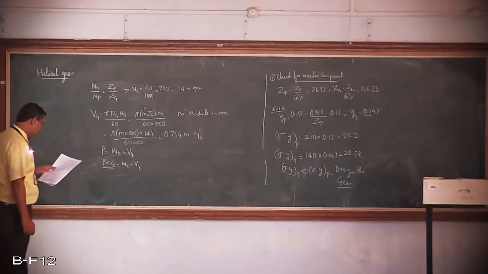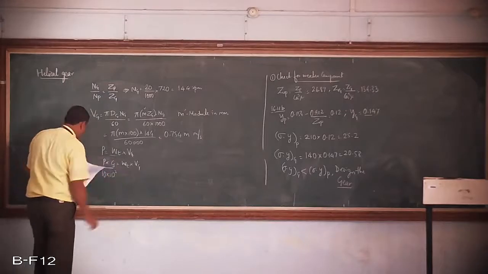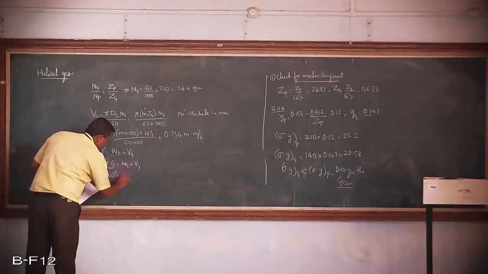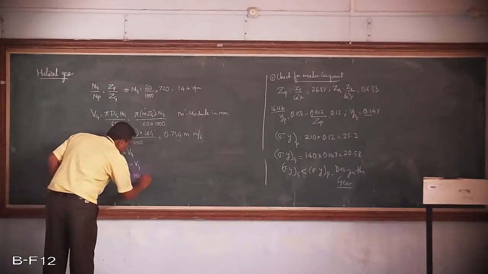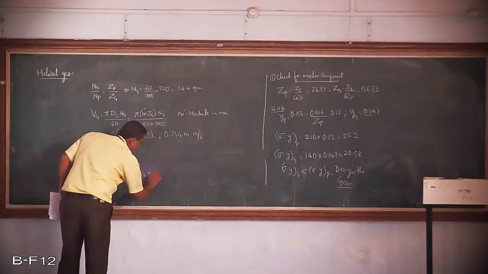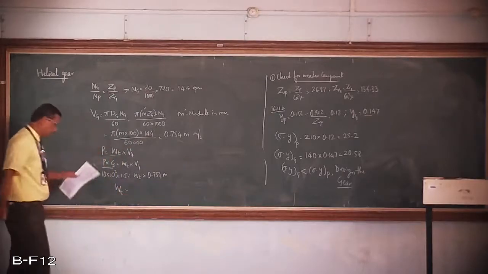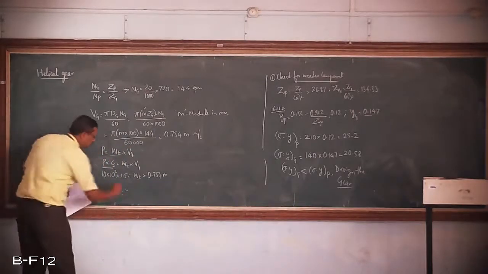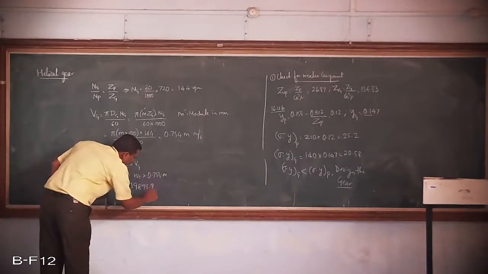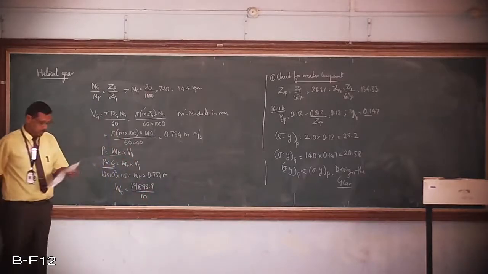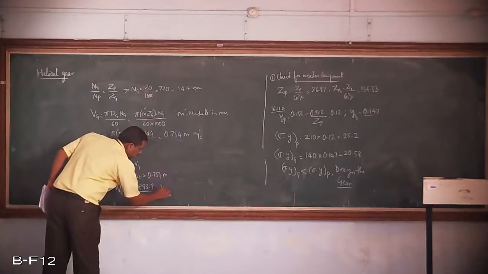Therefore, 10 kilowatt, that is 10 into 10 to the power of 3, into service factor 1.5, is equal to tangential load into velocity of the gear, which is 0.754 m. From this you can calculate the tangential load. If you simplify the values, you will get about 19,893.9 divided by m Newton. This is the value of the tangential load.